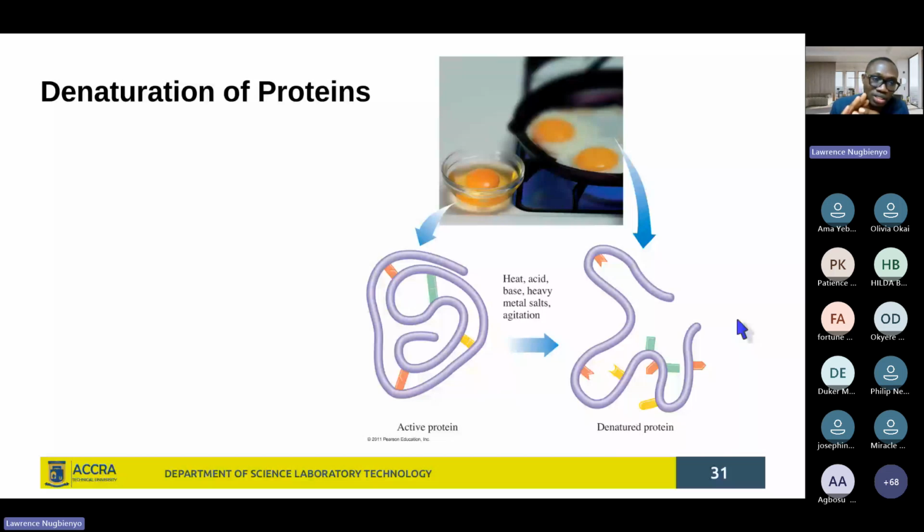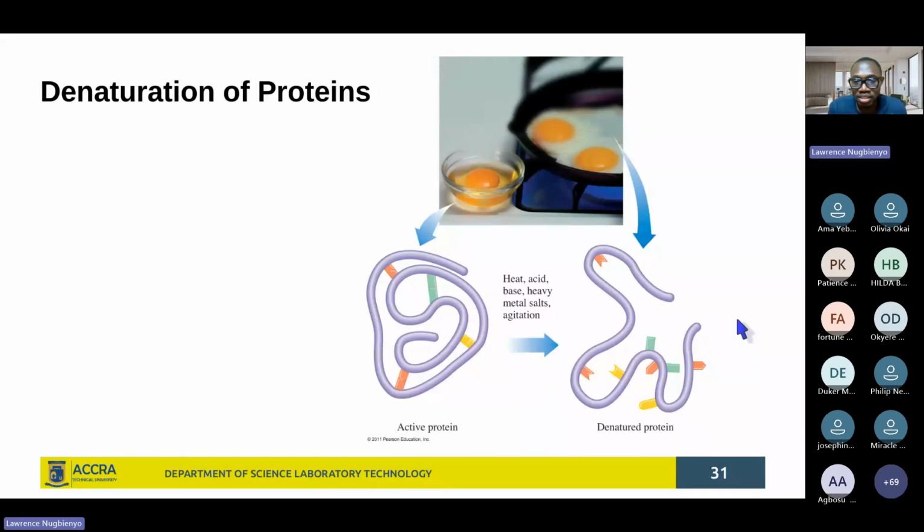But no, that's not what denaturing is about. Denaturing is not about breaking a protein into its constituent amino acids. No. Because denaturing does not involve the breakdown of, say, peptide bonds. The peptide bonds exist between amino acids.